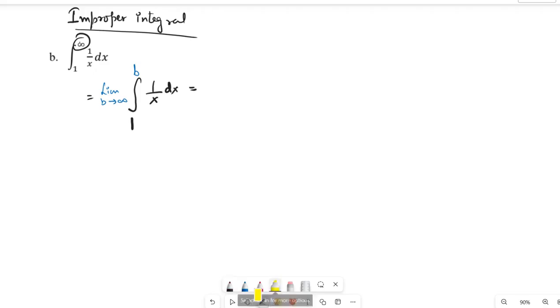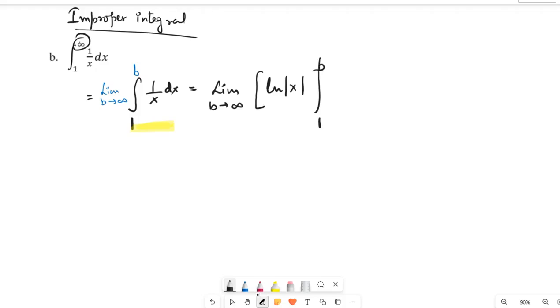Now we just handle the integral part as usual, writing the limit outside. The integral of 1 by x is natural log of x. We are done with the integral and it's a definite integral, so you have to write the limits on the right hand side. Remember, do not write c, the constant, here because it's a definite integral.